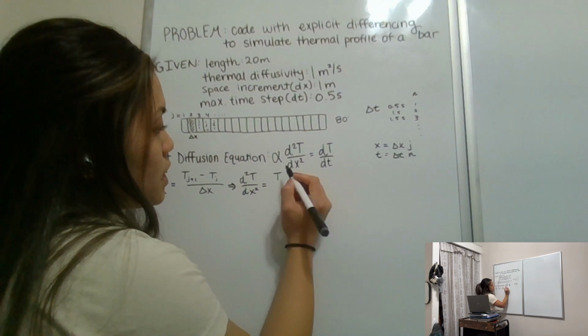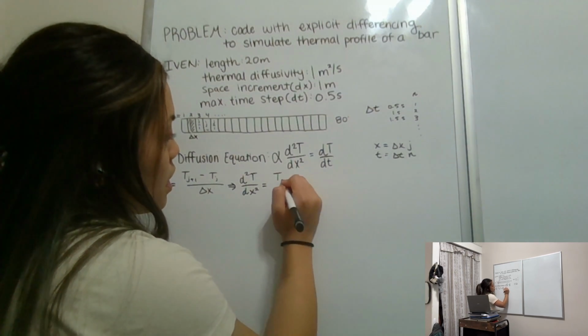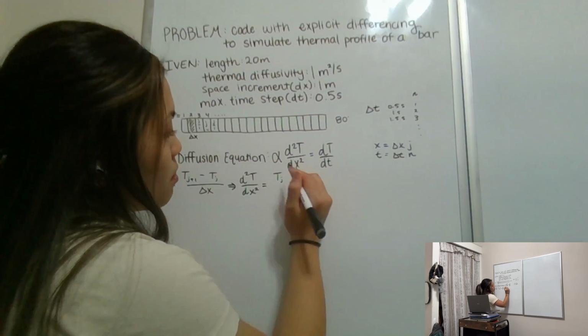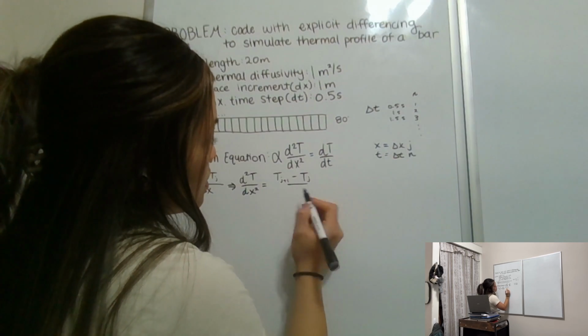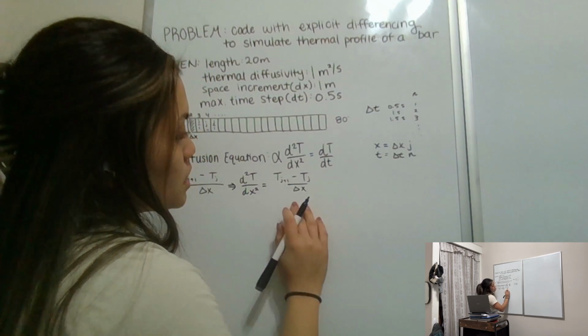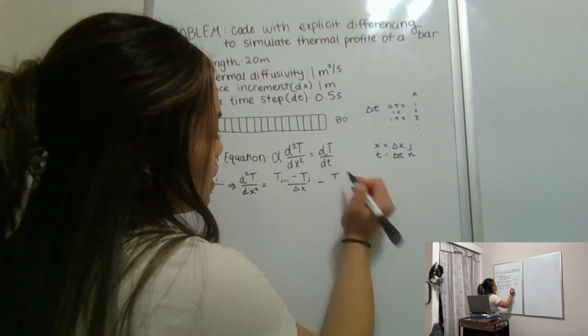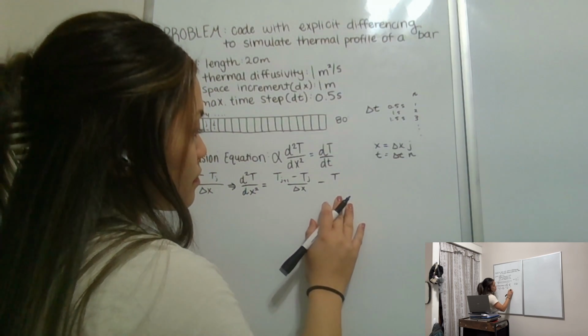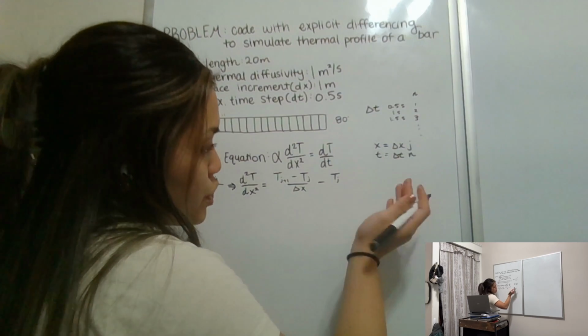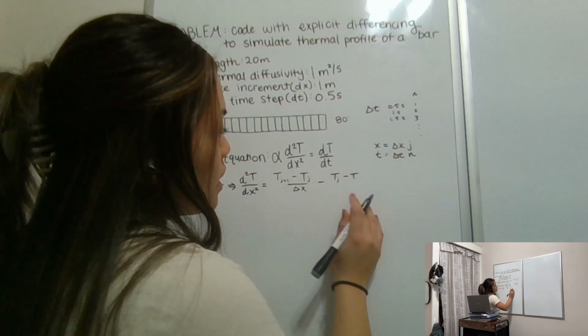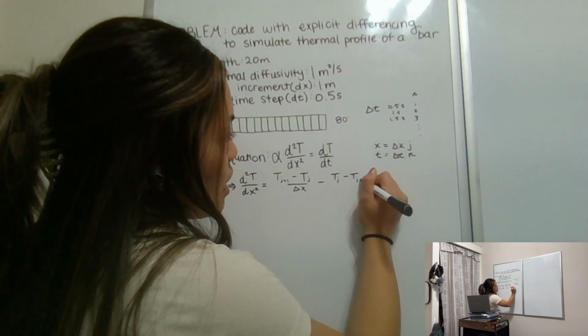So we would have the temperature at increment J plus 1 minus the temperature at J, divided by delta x, minus the temperature at J minus the temperature at J minus 1, divided by delta x.